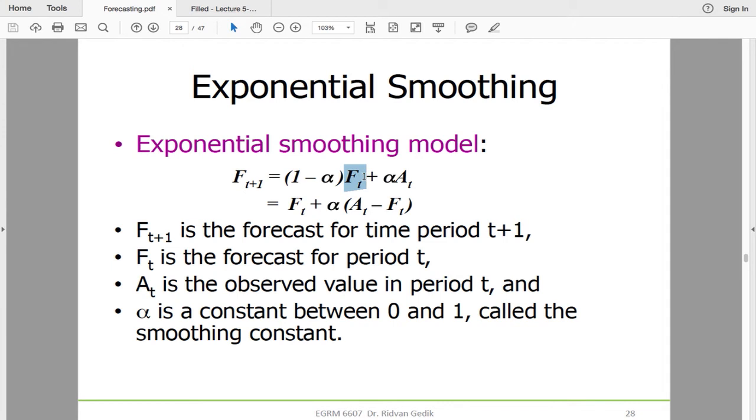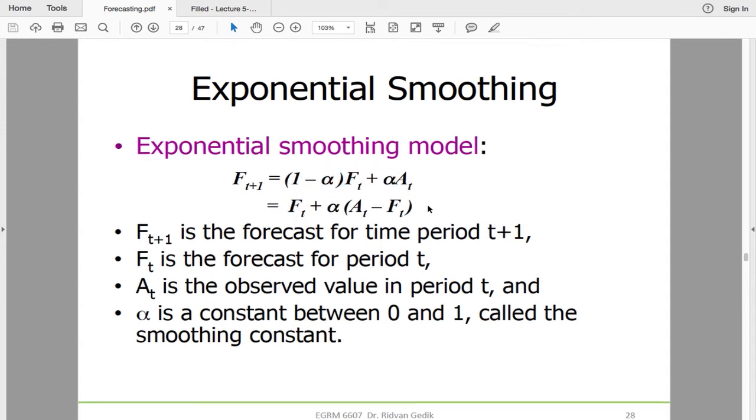If we are at time period t, we must have made a forecast for this time period, plus alpha, the smoothing constant, times the actual observation that we see in time period t. If you rearrange the right-hand side, you will end up with this one. Basically these are identical.